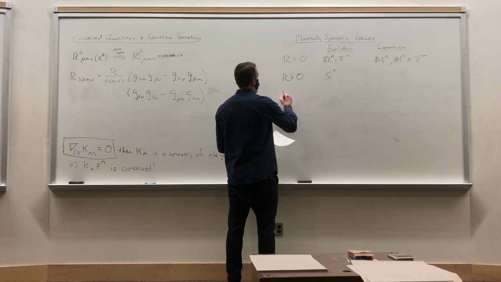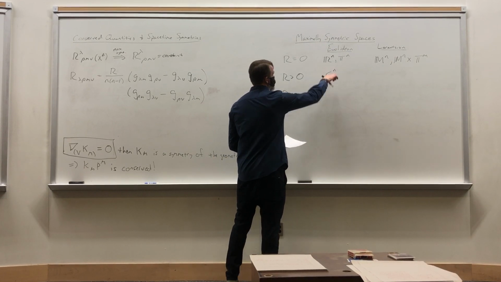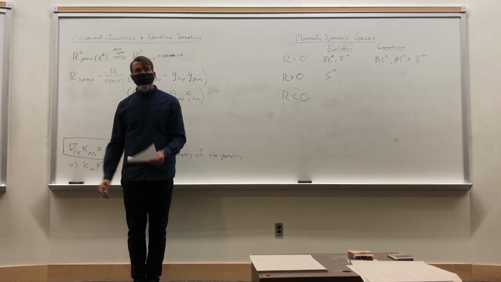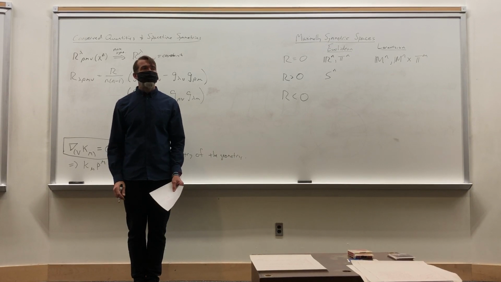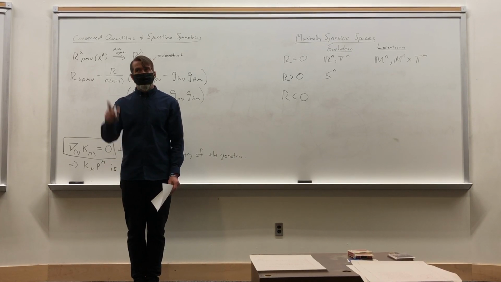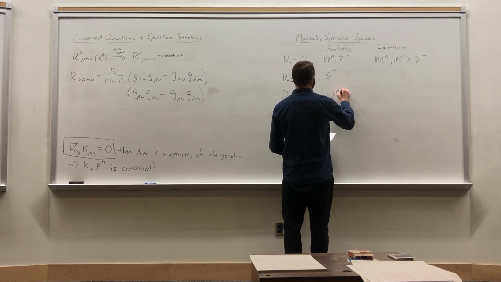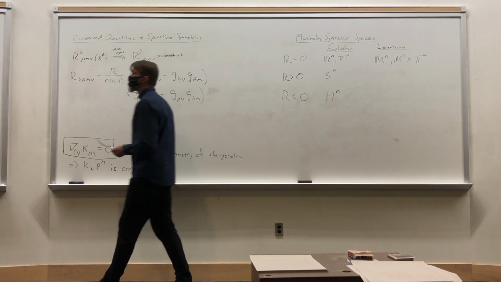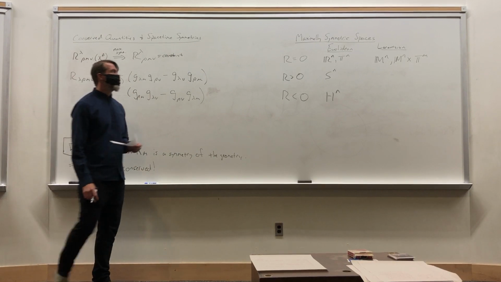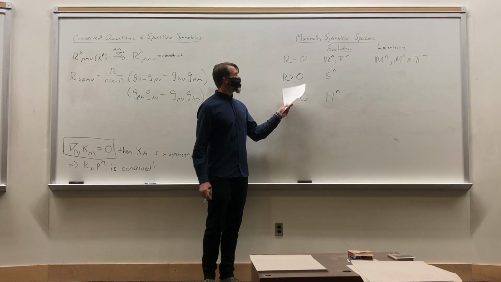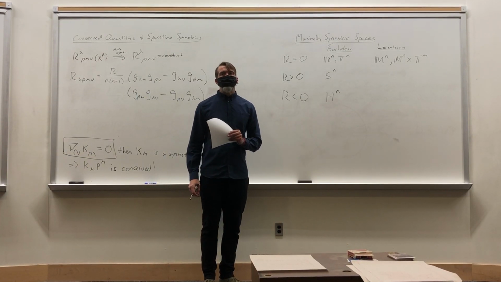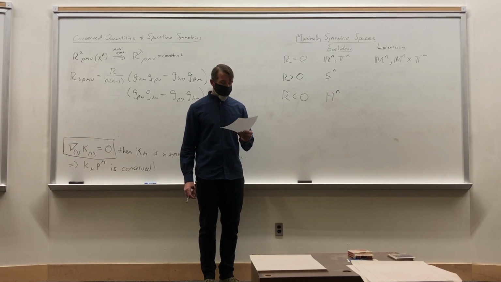What if R is less than 0? Any takers? Is that a hyperbolic space? Exactly, that's a hyperbolic space. And now for the big one. What is a Lorentzian version of a maximally symmetric space with positive constant curvature?